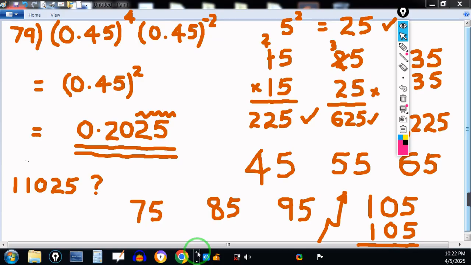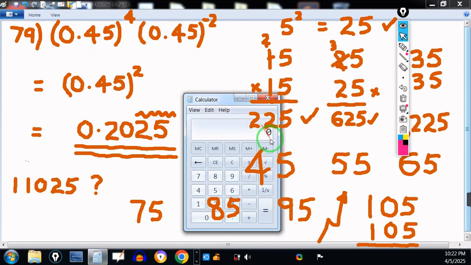Is there a calculator here? Yeah, that's my calculator. We will go, what was it? 105 times 105. 11025. So it works. Woohoo!